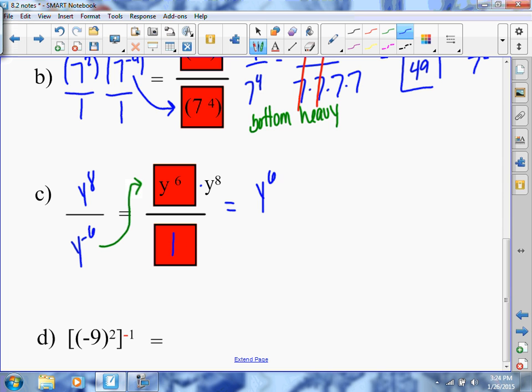So I'll have y to the 6th times y to the 8th over 1. And this is the property that we talked about yesterday. When you are multiplying bases, you add your exponents. So that's just going to be y to the 14th. And if you want to put it over 1, you can. Or if you just want to leave it y to the 14th, you can do that too.